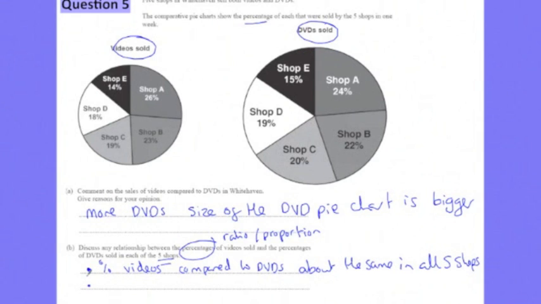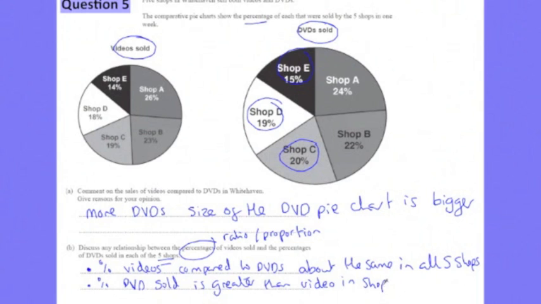Now we can also compare more precisely, and we can see that the percentage of DVDs sold is greater than videos in C, D, and E. All of these percentages are higher than videos here.